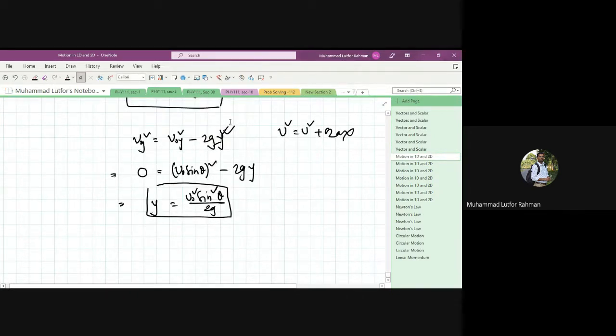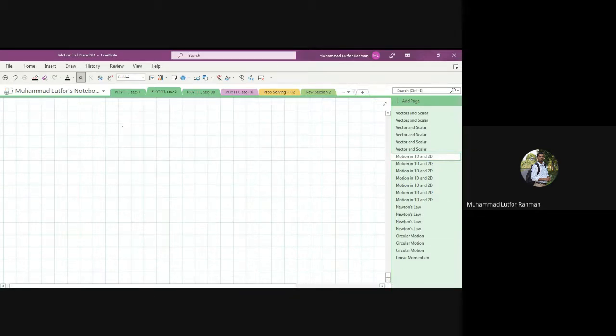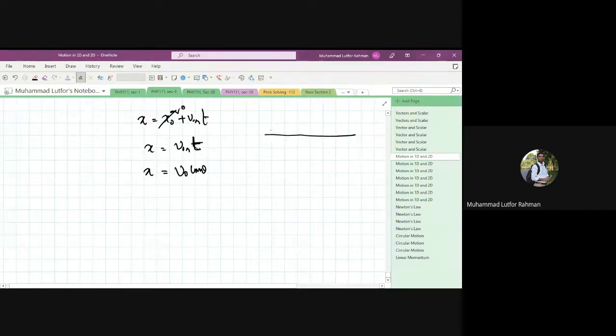And the horizontal distance, we can find out the way we should deal. That one, say the horizontal displacement, to find out x equal to x naught plus v naught x t, but we can say the x naught is 0 for simplicity, so that calculation is v naught x into t. Now, what is that t? This is very important over here. V naught x, actually, I know is v naught cos theta. Now, what is t? When you talk about that range, it is actually the total flight time, right?